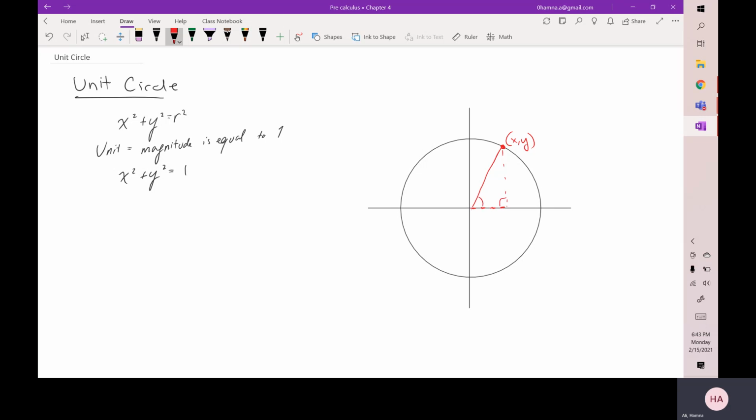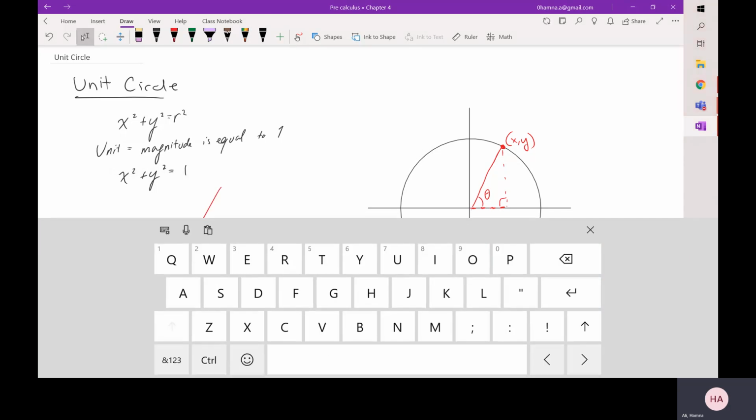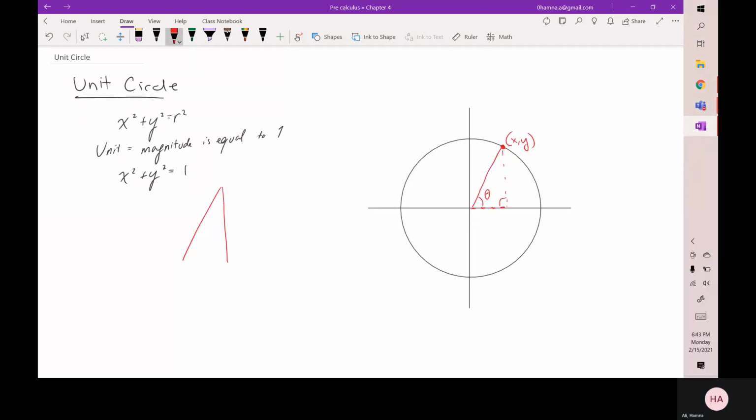And it's going to be a right triangle with angle theta. And so here, we know if we have a triangle with hypotenuse 1 and angle theta, then the adjacent side is going to be equal to cosine theta, and the opposite side is going to be equal to sine theta.